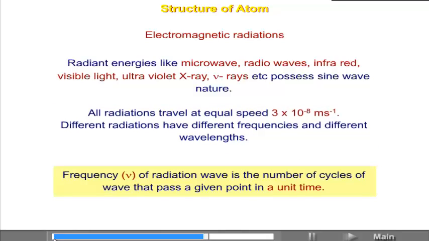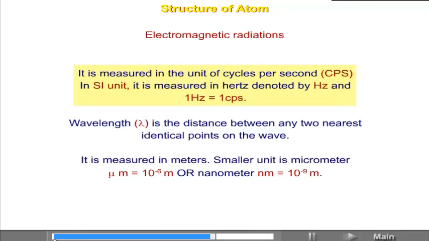Frequency nu of a radiation wave is the number of cycles of the wave that pass a given point in a unit time. It is measured in the unit of cycles per second, CPS.